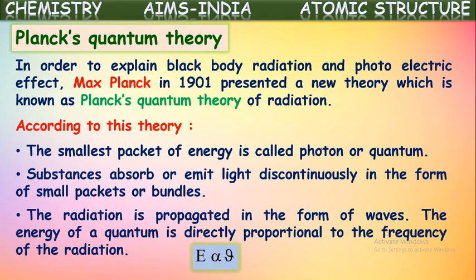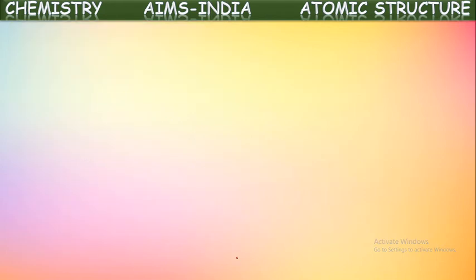So that can be represented mathematically like this: E is directly proportional to nu, where E represents the energy of the radiation and nu is the frequency of radiation. So E is directly proportional to nu.